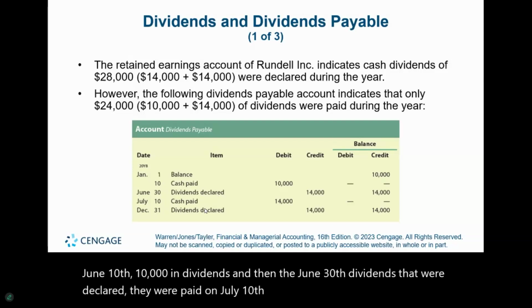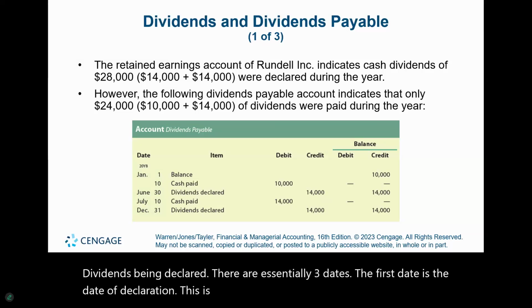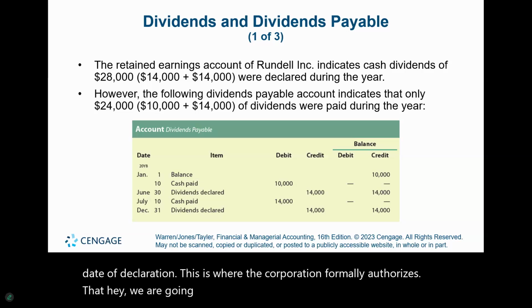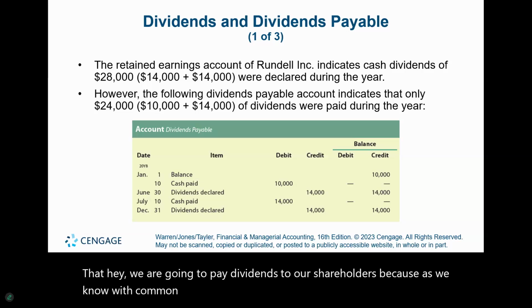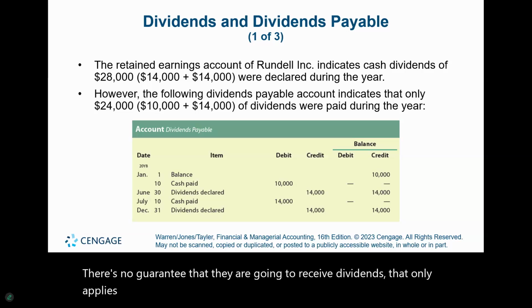So when it comes to dividends being declared, there are essentially 3 dates. The first date is the date of declaration. This is where the corporation formally authorizes that, hey, we are going to pay dividends to our shareholders, because as we know, with common shareholders, there's no guarantee that they are going to receive dividends. That only applies to preferred shareholders.